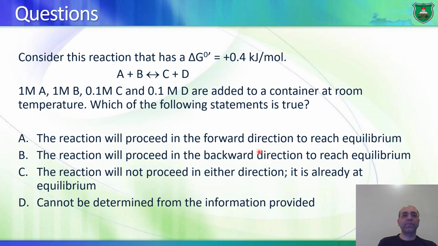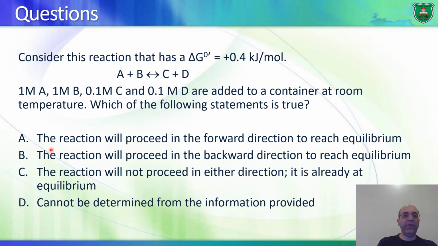Now, think about it. You have more substrates than products. So delta G would be less than delta G naught prime. So you can really predict that the reaction would become exergonic.